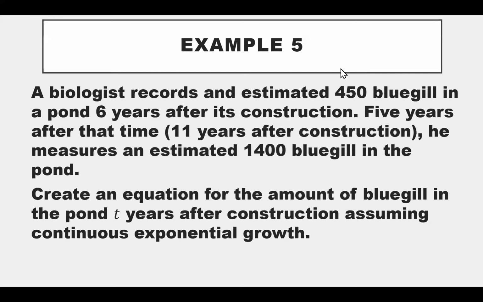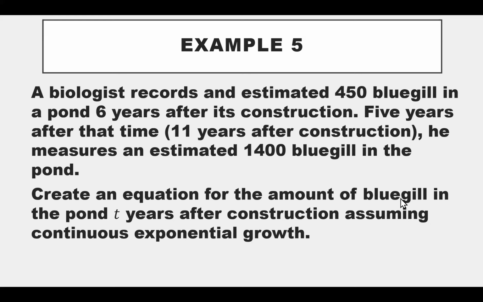Let's do another problem. In example 5, it says, a biologist records an estimated 450 bluegill in a pond 6 years after its construction. 5 years after that time, so 11 years after construction, he measures an estimated 1,400 bluegill in the pond.